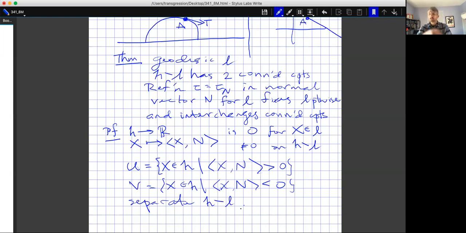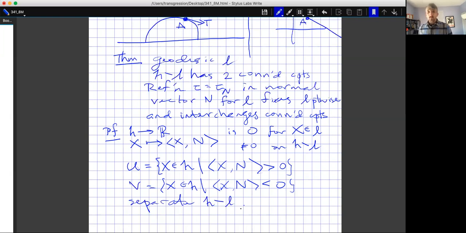In this case, these are R3 mapping to R, and you should have seen in vector calculus that the preimage of an open ball is open. So hopefully that's believable, that we have these two open sets. They're disjoint by definition, and so we know we're going to break H minus L into at least two pieces.